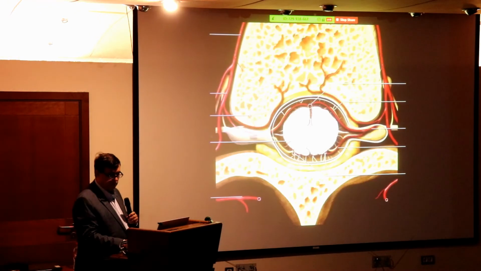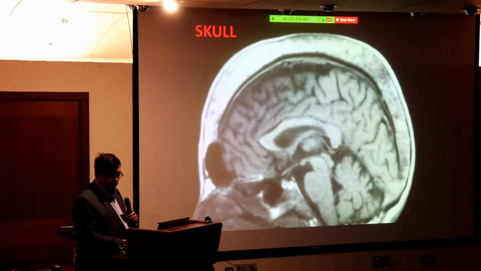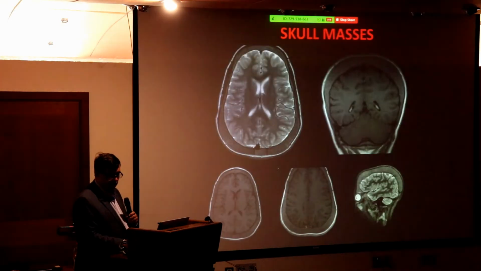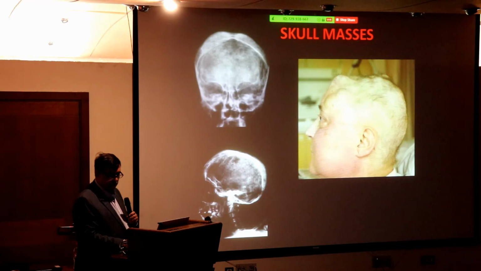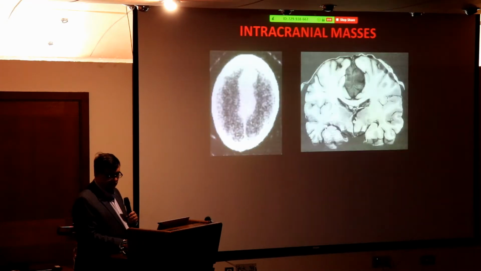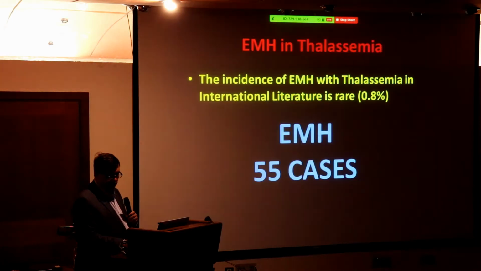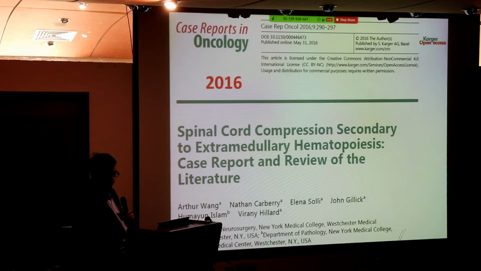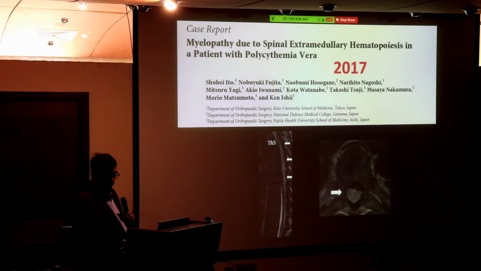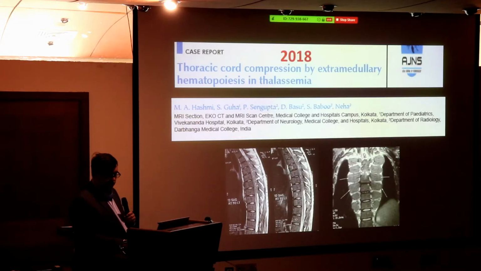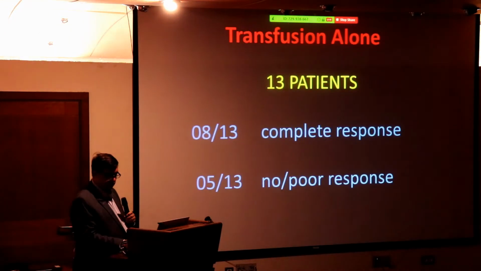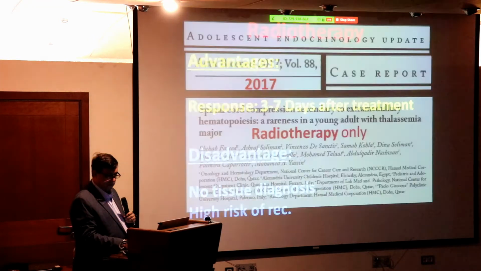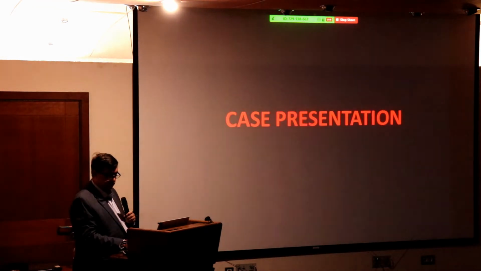parents from getting married. Now, it's actually unethical to prevent two thalassemia major patients from getting married. But the unethical thing is for two thalassemia major patients, or one thalassemia major patient, to get married and refuse the whole option of contraception.